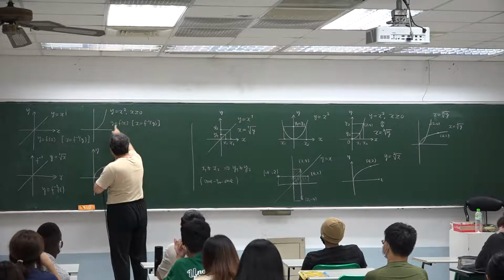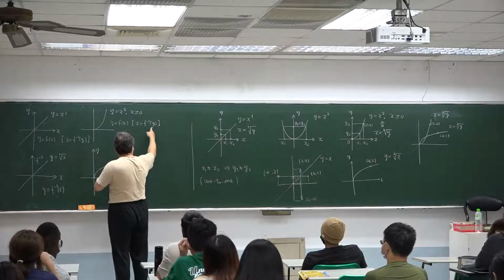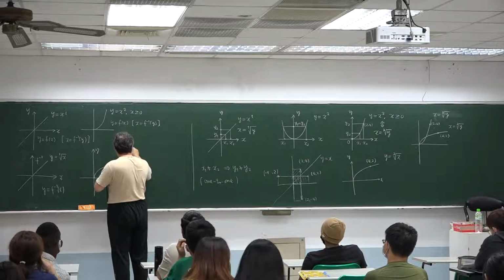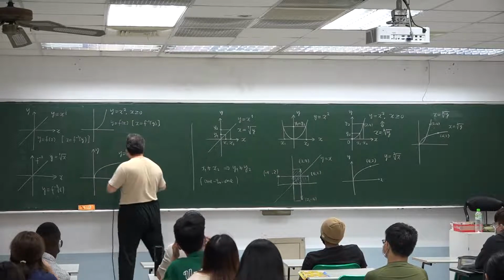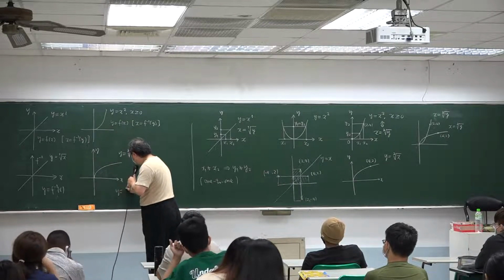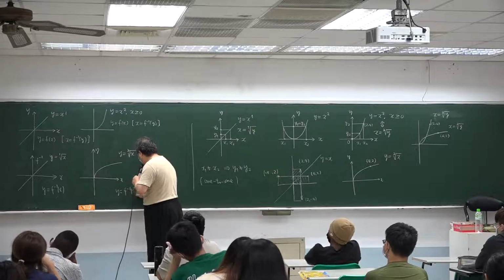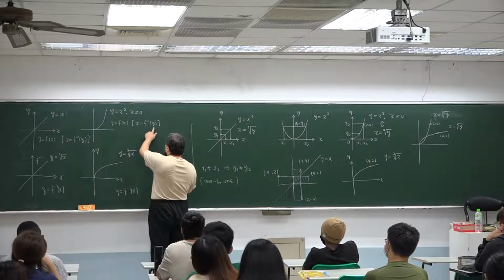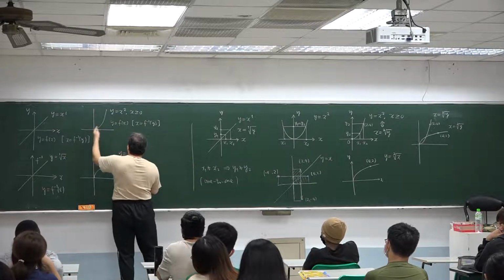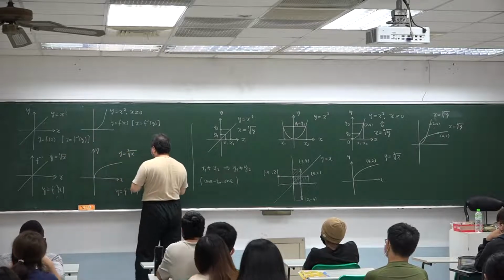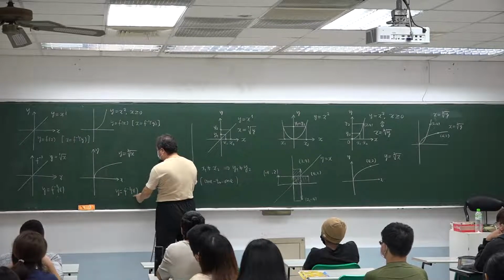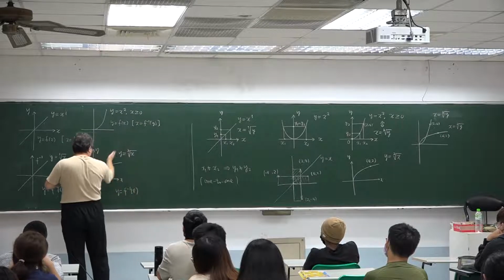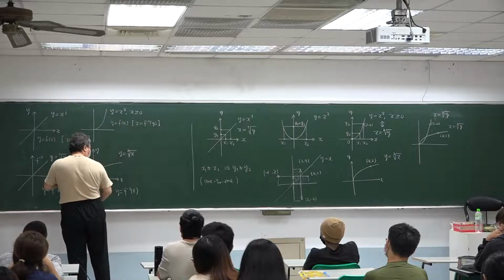Okay, this is what x equals f inverse y means: same f, but here y is the independent variable, x is the dependent variable. Here x is the independent variable, y is the dependent variable. So these two curves are symmetric with respect to this straight line.